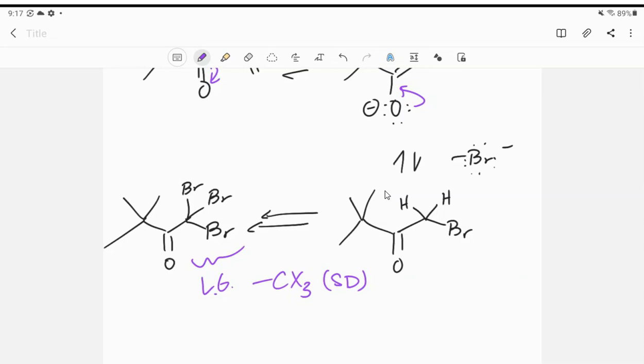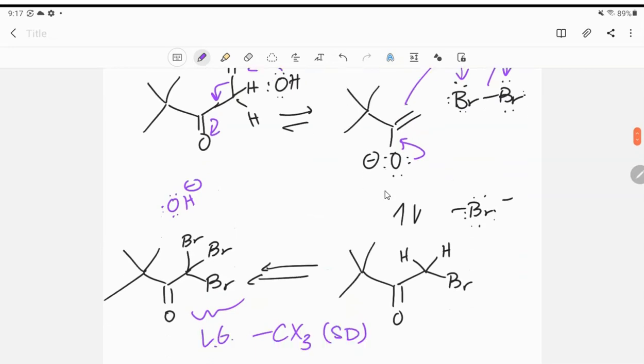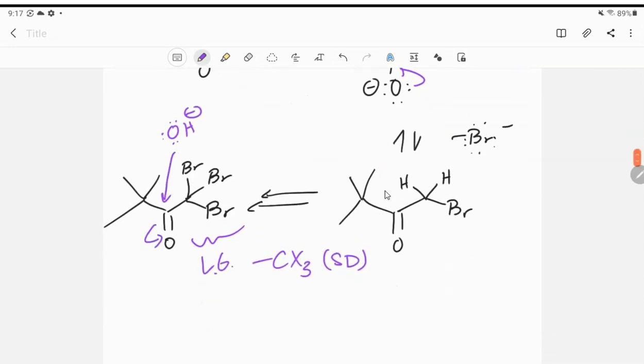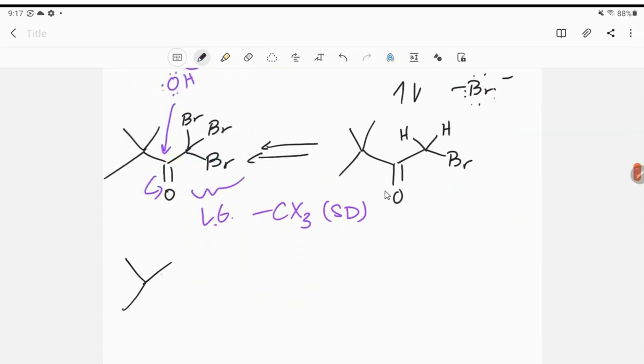So what's going to happen is an OH is going to come along, which we have plenty of, because this is under the basic conditions, right? It comes and attacks this, opens it up, and we're going to go ahead and form our tetrahedral intermediate. OH, and then we have the carbon with all the bromines.